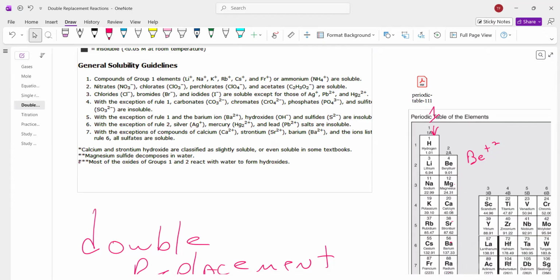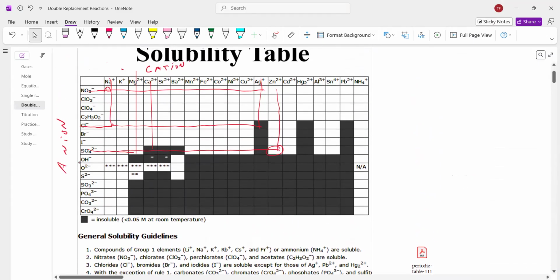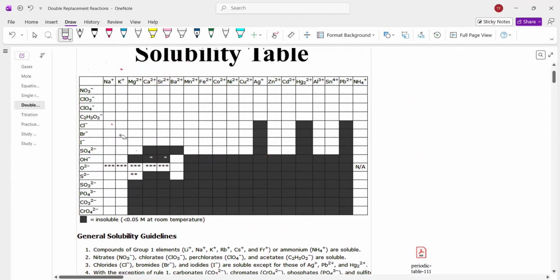Okay. Now, what I've done is I've put together a table that summarizes these rules. There are black squares and there are white squares. If it's a black square, that means it forms a solid. White, yellow, maroon. If it's a white square, nothing happens.